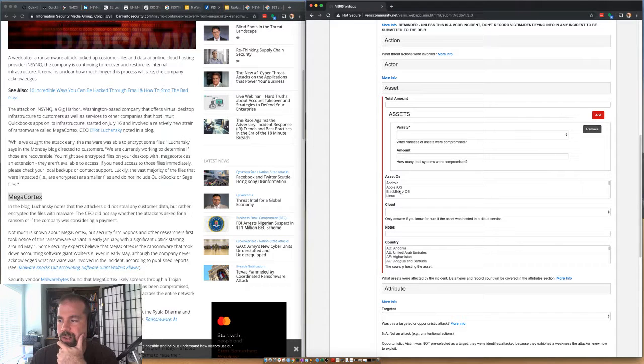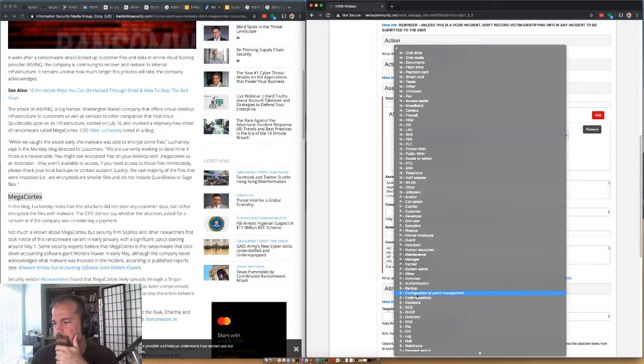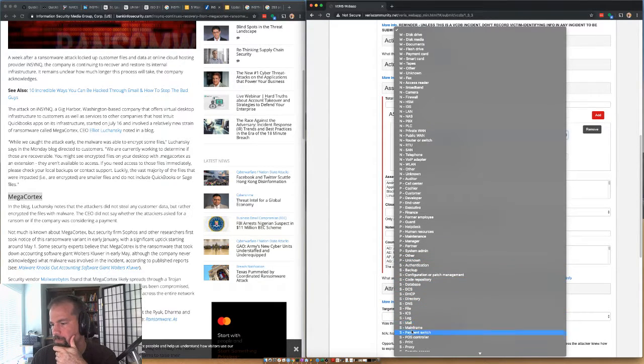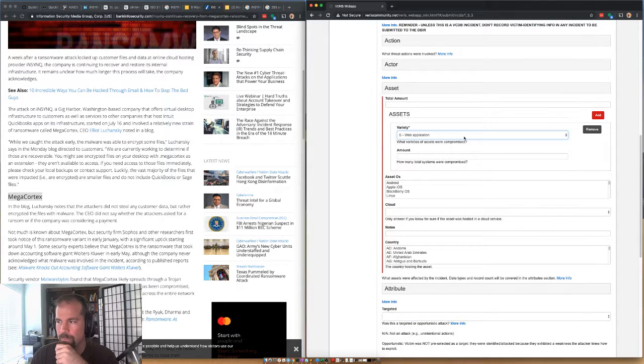Because it was, I guess we could say, their application server, right? It says files. It probably didn't encrypt anything on the web application. It encrypted something in the backend storage. And it wasn't a database because it was encrypting files.